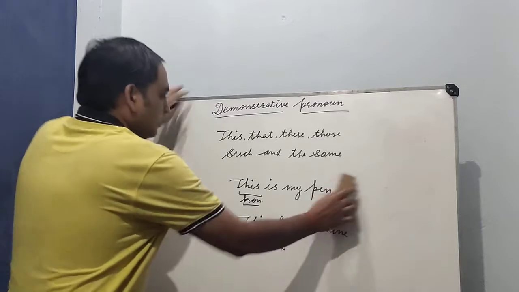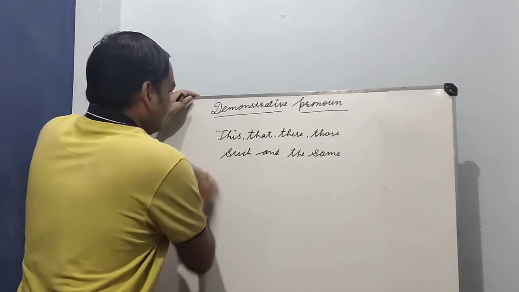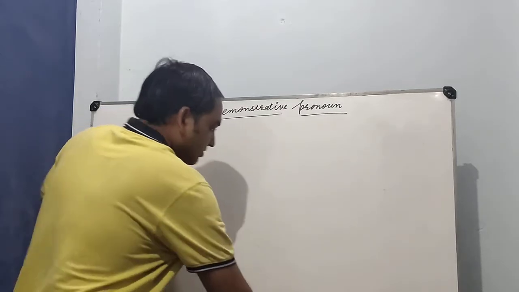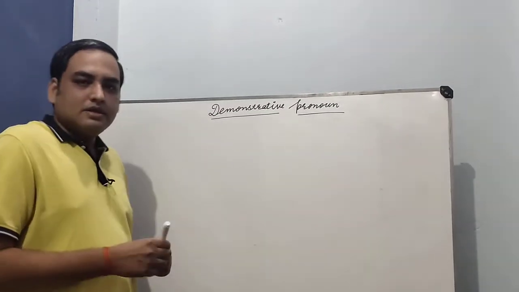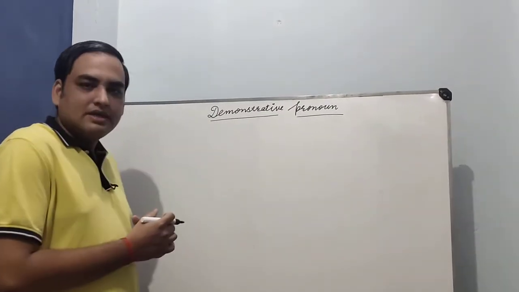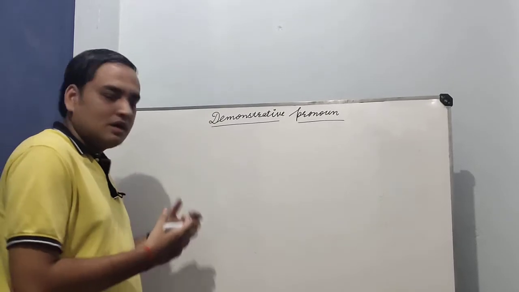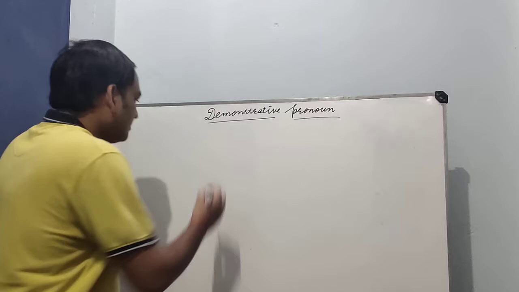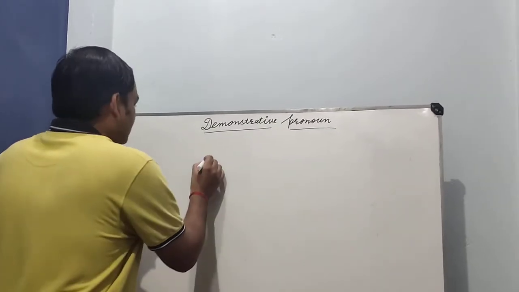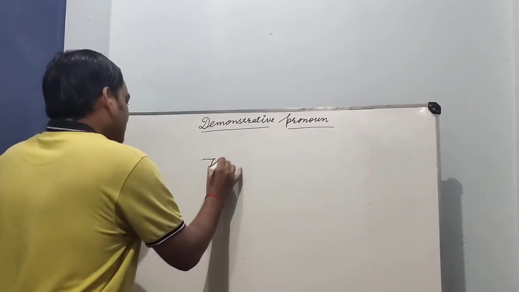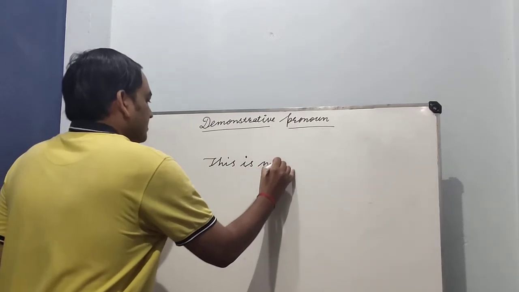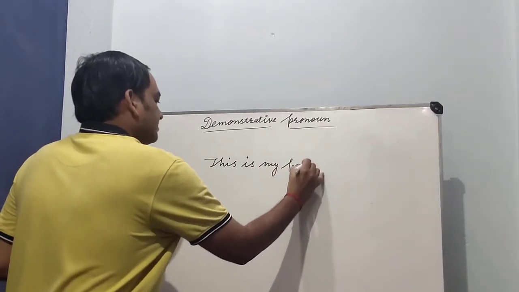Now we come to understand the further part of demonstrative pronouns. I will write some sentences in which we will learn how we can use these words as demonstrative pronouns. One sentence I have written here, I am repeating: This is my book.